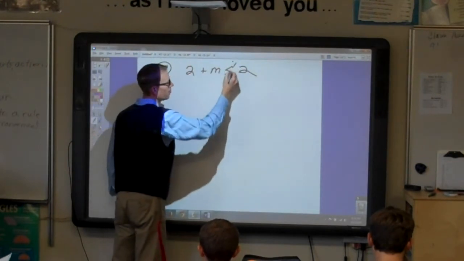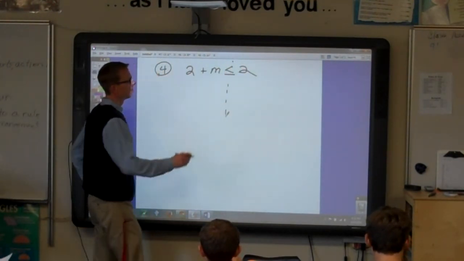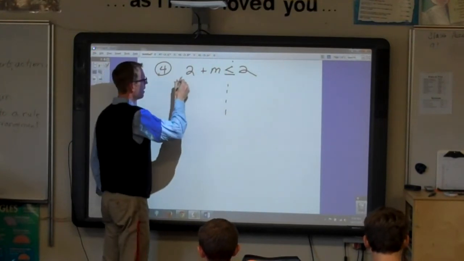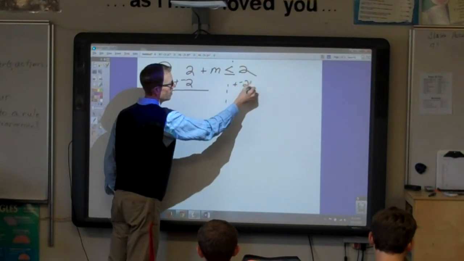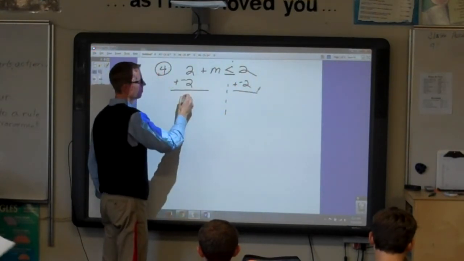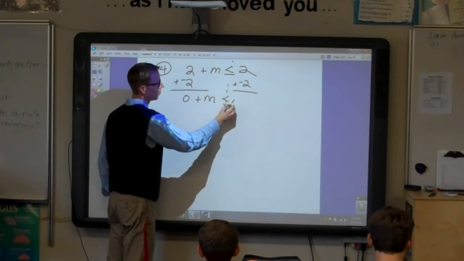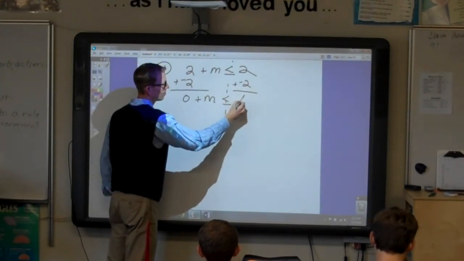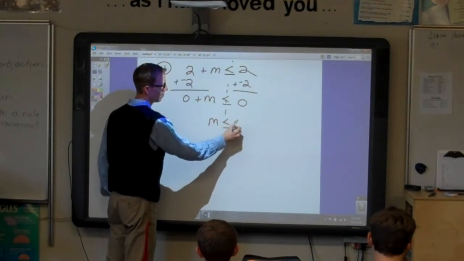And then on the 2 plus m side, you add -2. Good. Add -2. And then add -2 to the other side too. Yep. And then you have 0 plus m, and then 2 plus -2 is 0. And then m is less than or equal to 0.